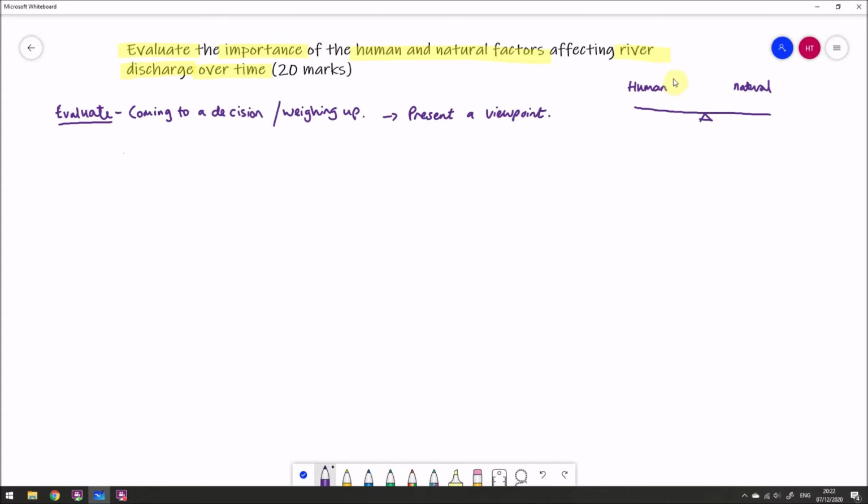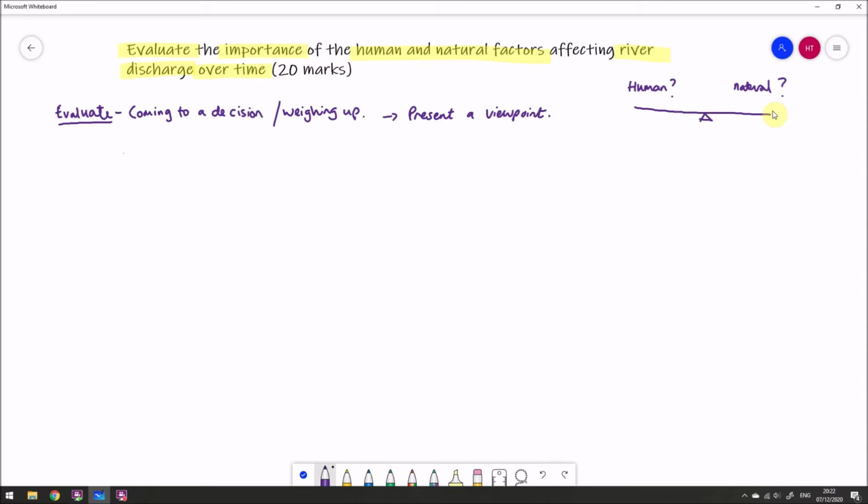Would it tip more towards human factors being more important, or would it tip this way towards natural factors? Ultimately, you could argue this question either way. What's important though is that you pick a side before you start writing your answer. So just take a moment now and think about whether you think human factors are more or less important than natural factors.